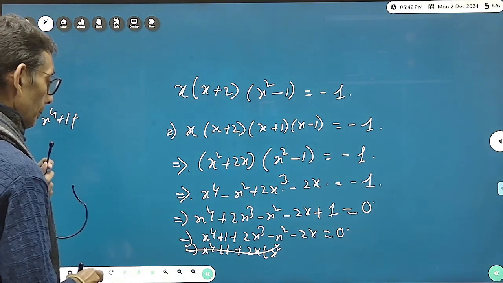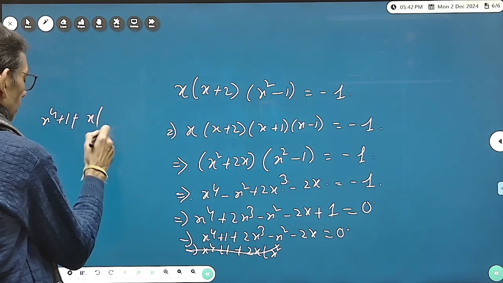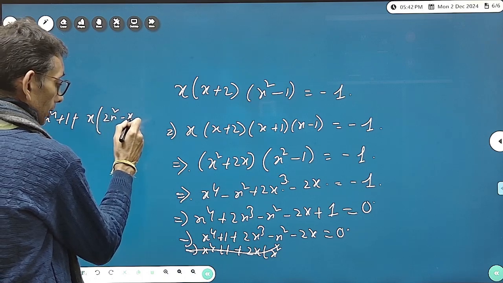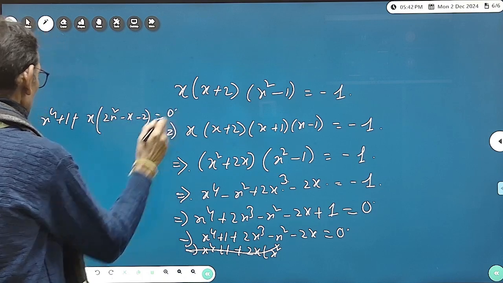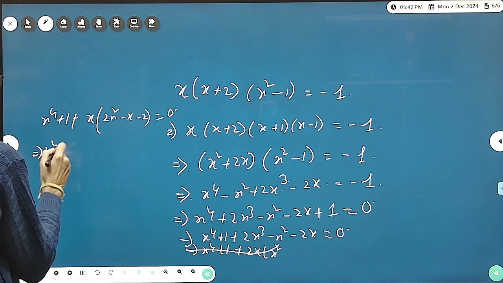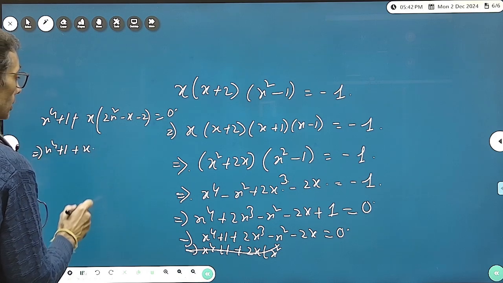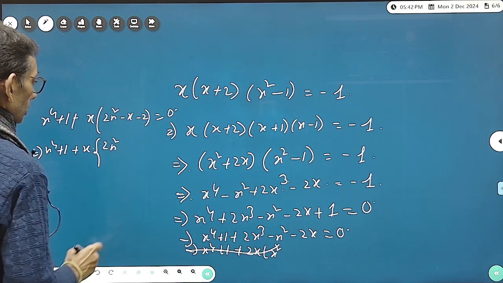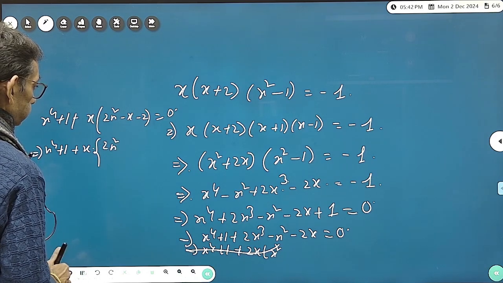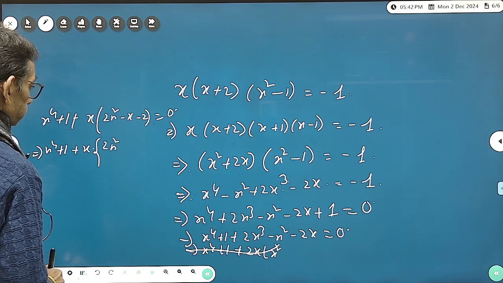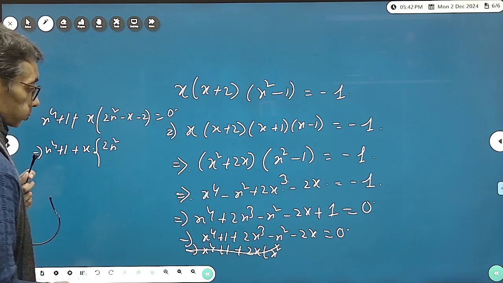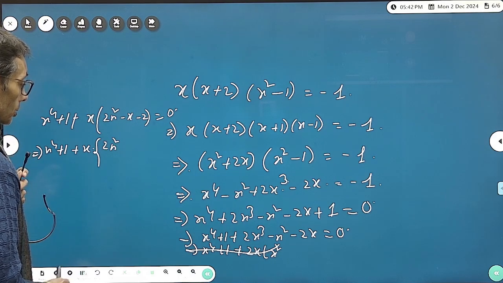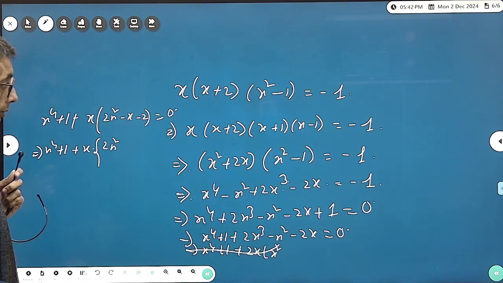But you can take x common, right? So 2x square minus x minus 2, equal to 0. But from there you will not get minus 1.